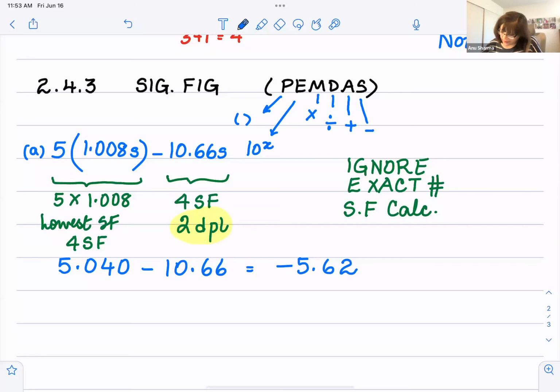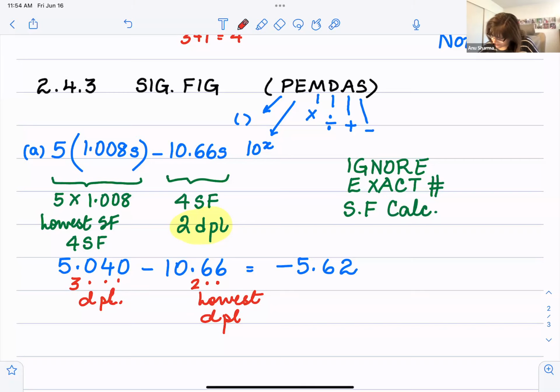5.62. Now, keep this in mind, this is the lowest decimal place. This one has 3 decimal places, and this one has 2. So the answer should have the lowest, so you are going to keep 2 decimal places.